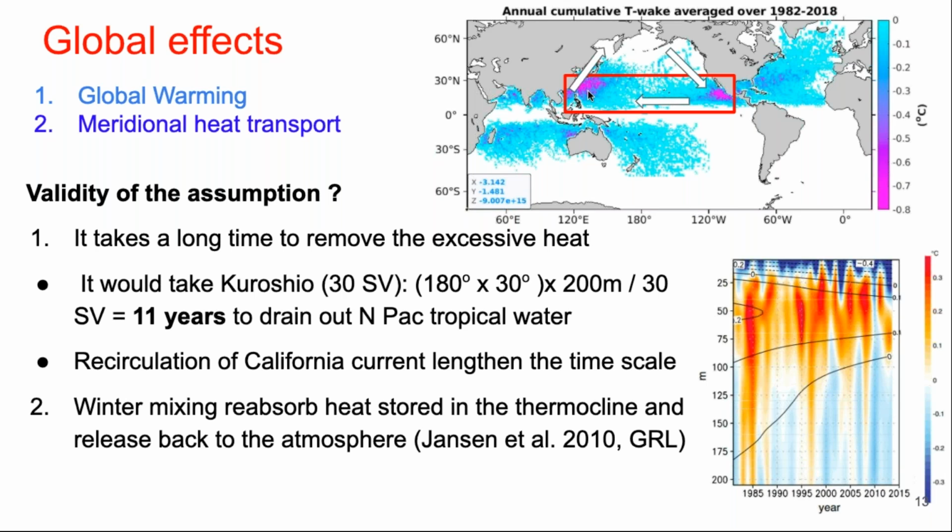And a second point, as pointed out by Johnson in 2010, is that winter mixing can deepen the mixed layer, and so we will reabsorb some of the excessive heat and then release it back to the atmosphere.